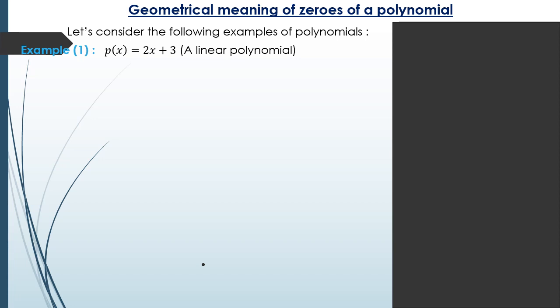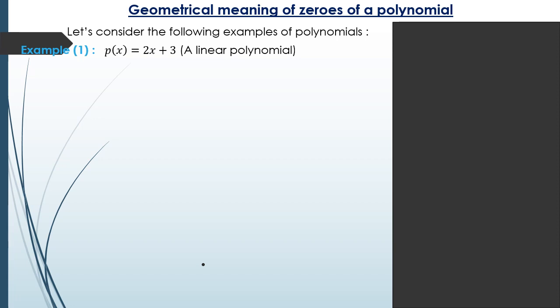Now why am I talking about degree? Because we know that the maximum number of zeros of a polynomial is equal to its degree. This means this linear polynomial will have a maximum of one zero, which means there will be one and only one real number which will make the value of this polynomial 0.